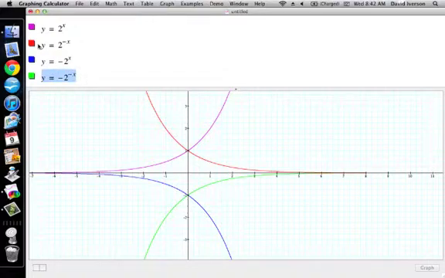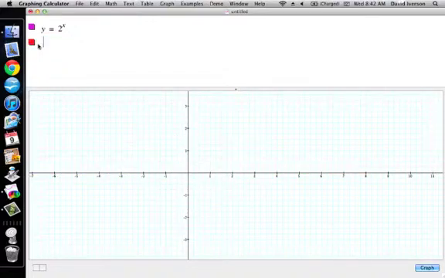Okay, so what are these good for? Well, suppose I've got, oh, I didn't do this one yet. Well, I'll get into this right now. So I've got a times b to the x minus c, plus d.